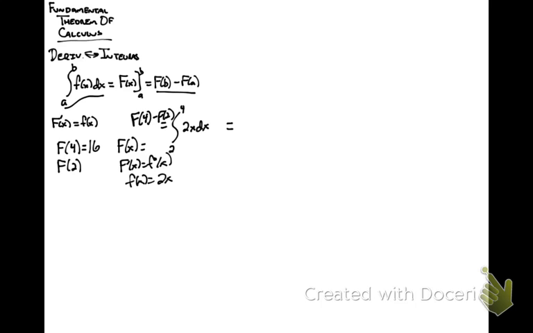Which means, if we solve for F of 2, that F of 2 must be equal to F of 4 minus the integral from 2 to 4 of little f of x. Right? Or in this case, it would be equal to 16 minus the integral from 2 to 4 of 2x dx.